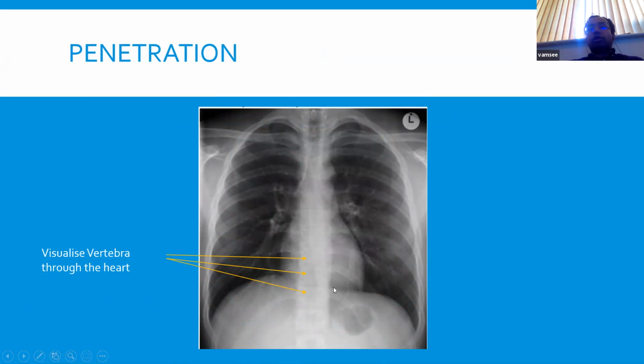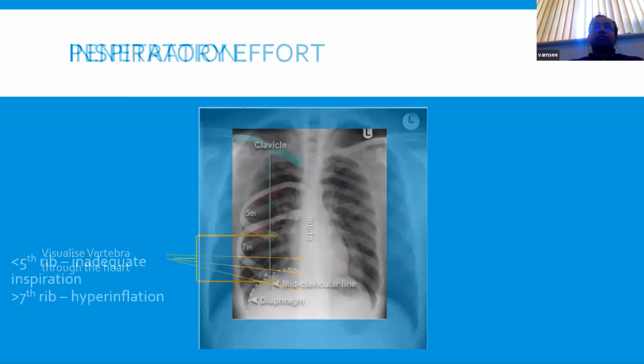For example, you will not be able to delineate clearly the margin between the diaphragm and the spine here, which, for example, if there's a hiatus hernia here, which could very easily happen, you wouldn't be able to see it because it'd just be a whiteout and you wouldn't be able to delineate the different structures there. Sometimes it can also lead to people falsely assuming things about a silhouette, or rather, you can't really comment on the silhouettes if the film isn't adequately penetrated. That's why it's important. So it's also something to comment upon.